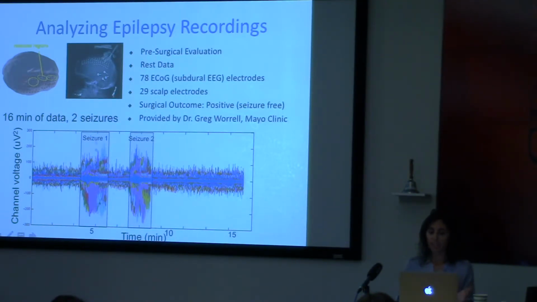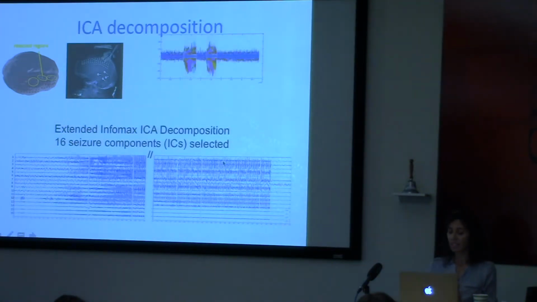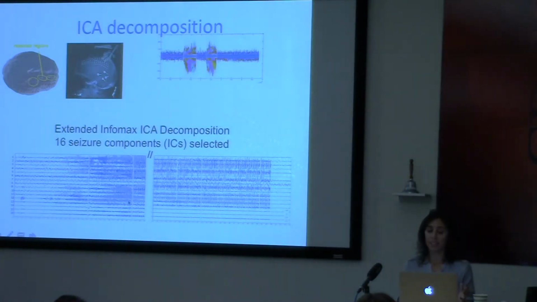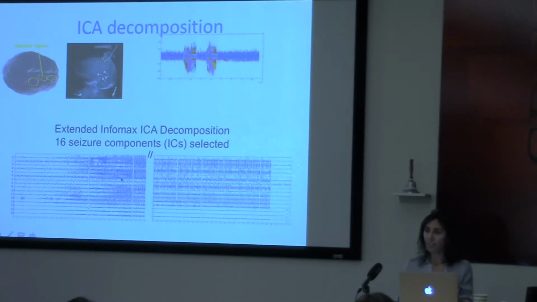So the patient had 2 seizures like this, and we first did ICA decomposition, and we realized that among the 78 components, 13 of these components were seizure-related. So by doing ICA, we first found the seizure activity from the EEG, and we did the source localization for these seizure components.